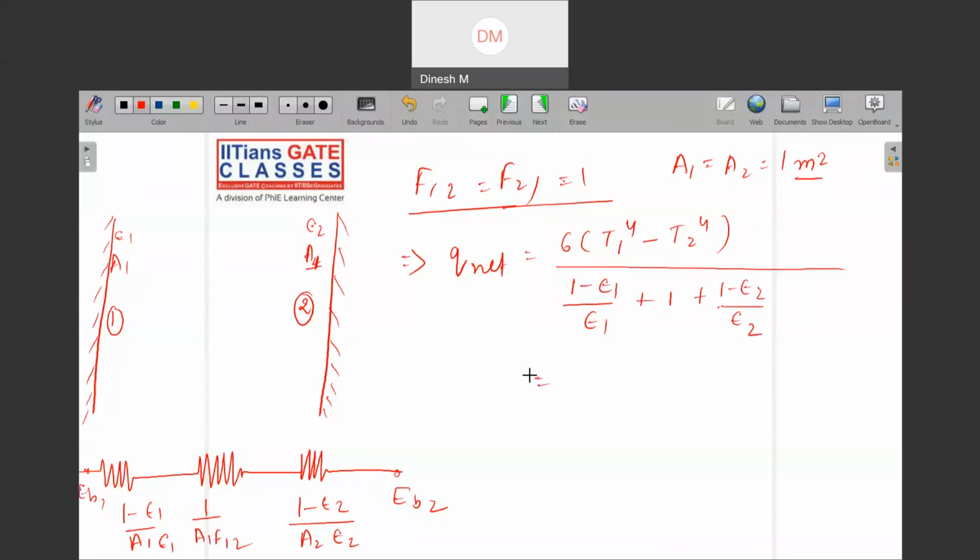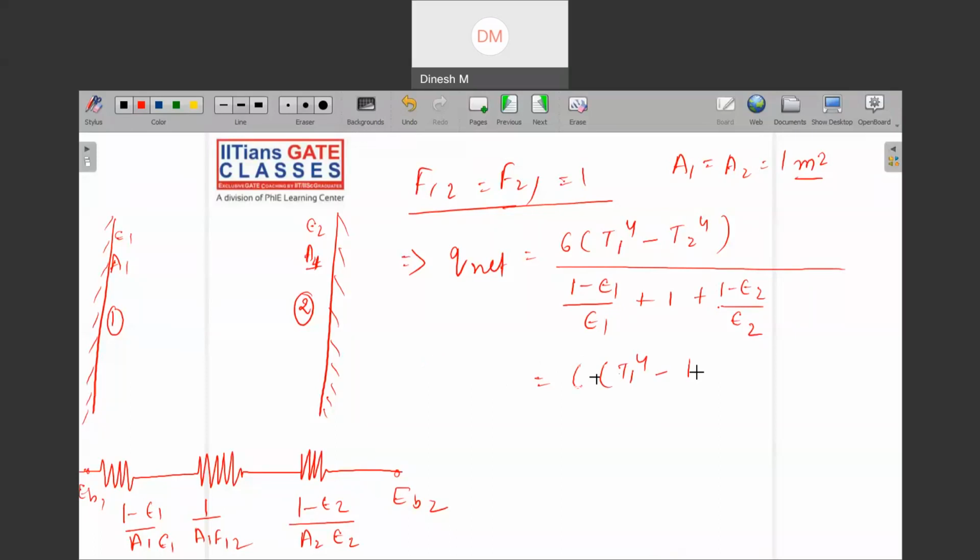When you solve this, what you reduce to is sigma T1 to the power 4 minus T2 to the power 4 divided by 1 upon E1 plus 1 upon E2 minus 1.